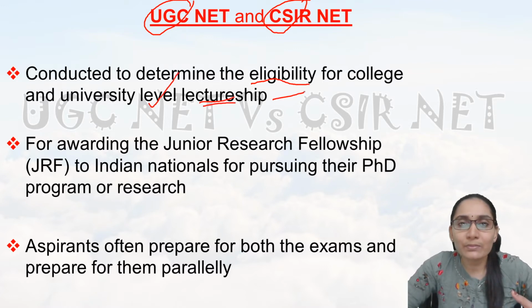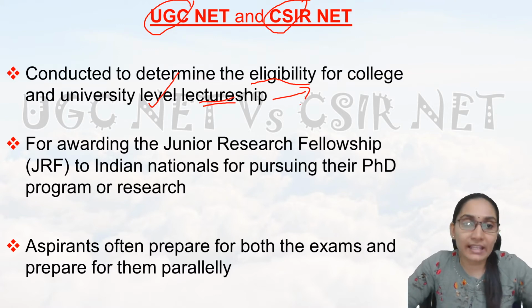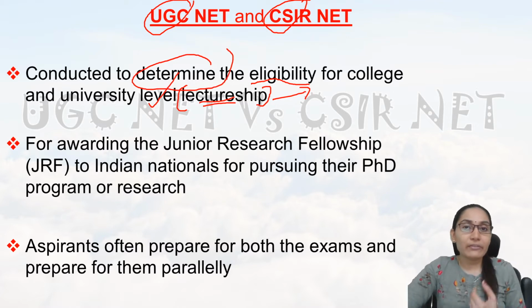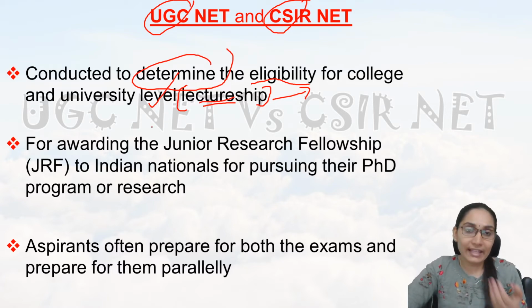So this is to select those candidates who are eligible to become lecturers or professors in the universities and colleges. Both these examinations have the common objective of finding the eligibility among the students to become university level and college level lecturers or professors.